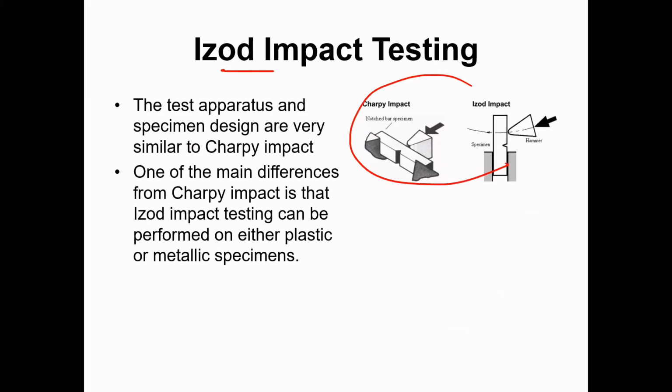So this is the difference between the Charpy impact testing and the Izod impact testing. In addition to that, one of the main differences is that Izod impact testing can be performed on either plastic or metallic specimens, compared to Charpy impact testing that we use mainly for metal specimens only.